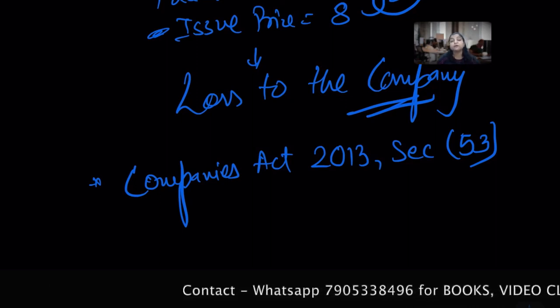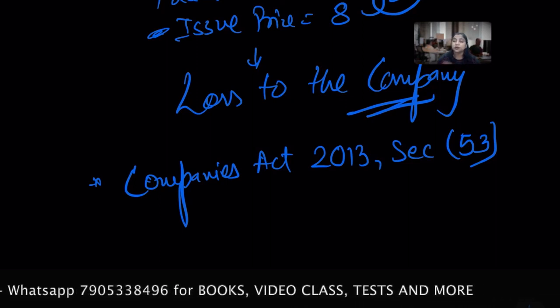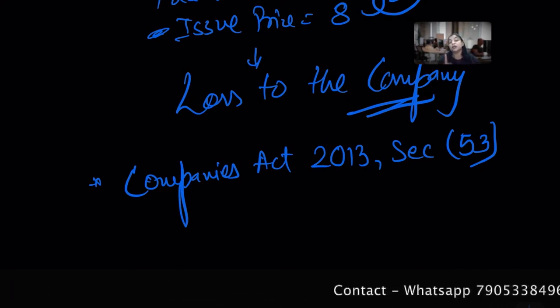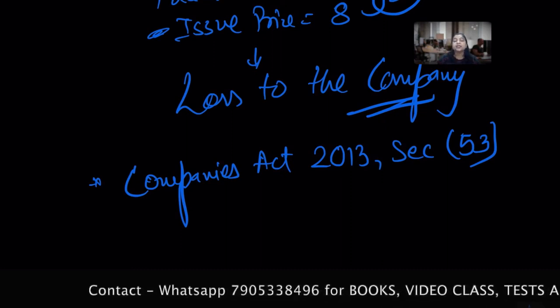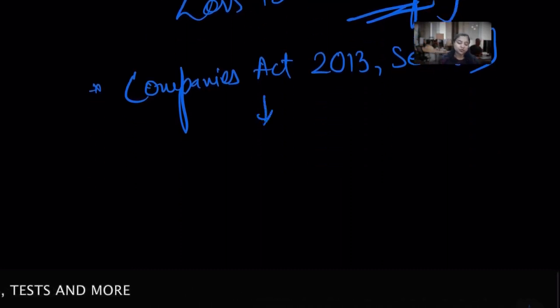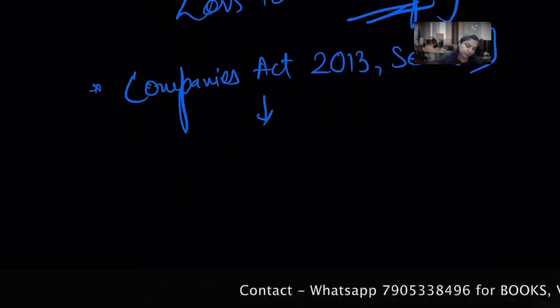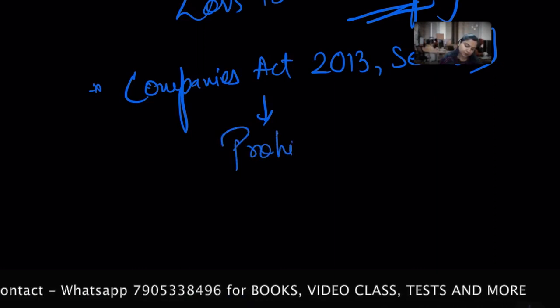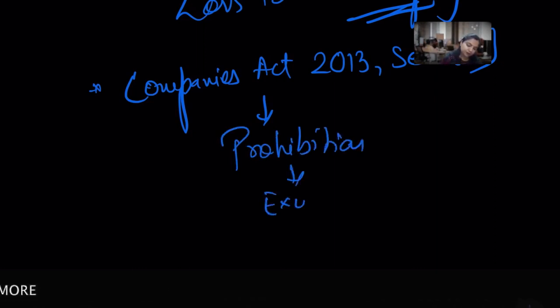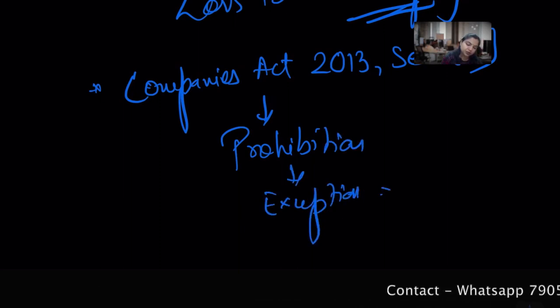Under section 53, a company shall not issue shares at discount, except in one case: section 54, for the issue of sweat equity shares. So there is a prohibition, but there is an exception also.